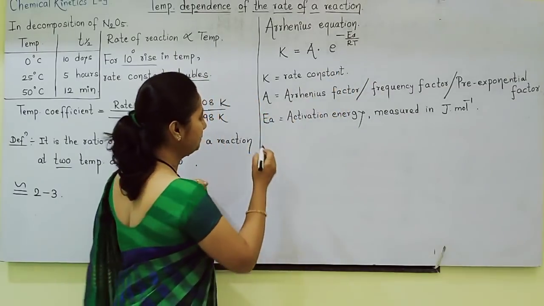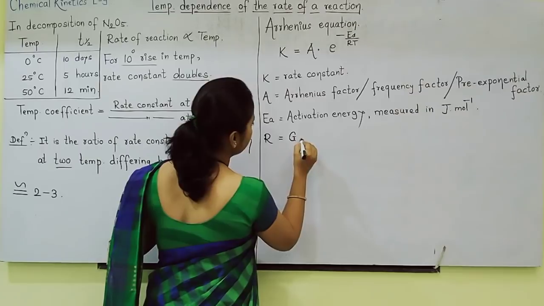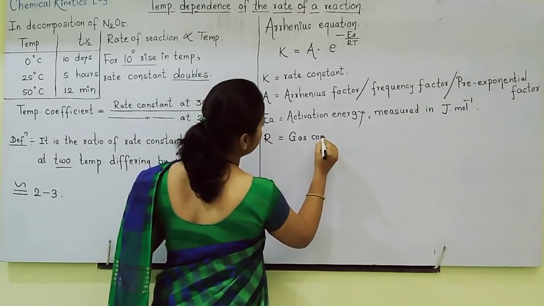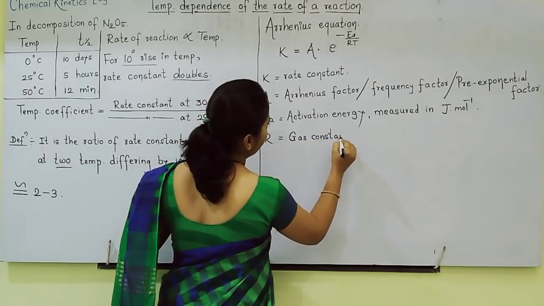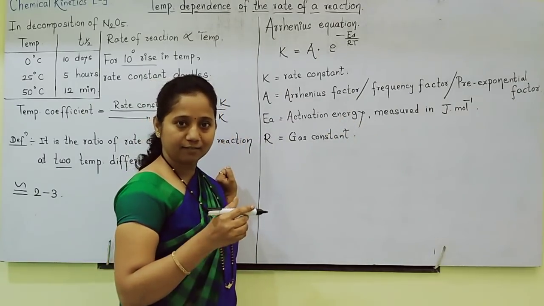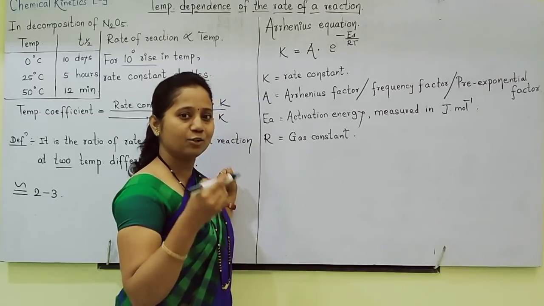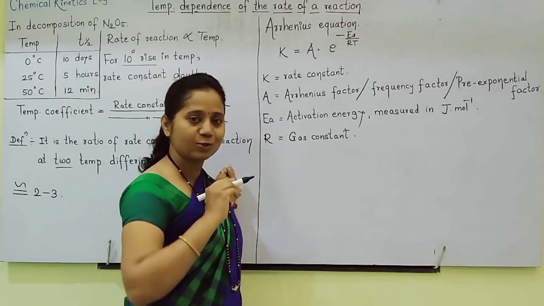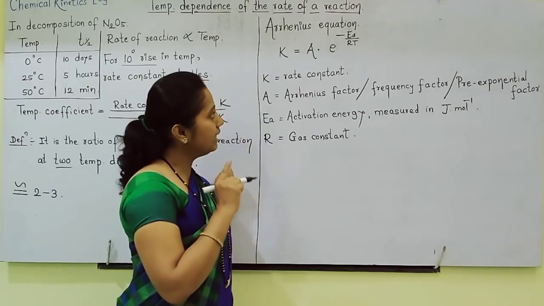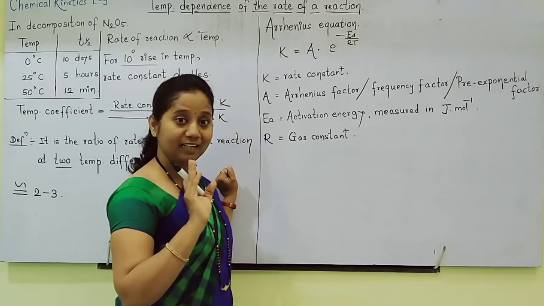Okay, what is R? Gas constant. Yes, students, you know various values of R. In the previous lesson we have seen that R values go on changing. So many various values of R we have seen. But in chemical kinetics you should use the R value 8.314. Why?